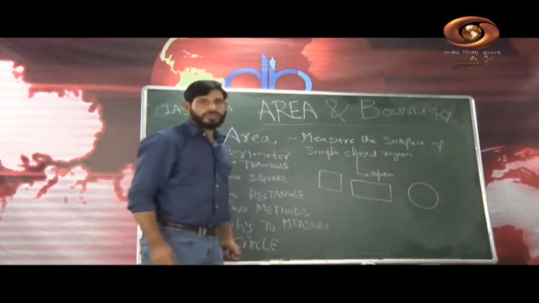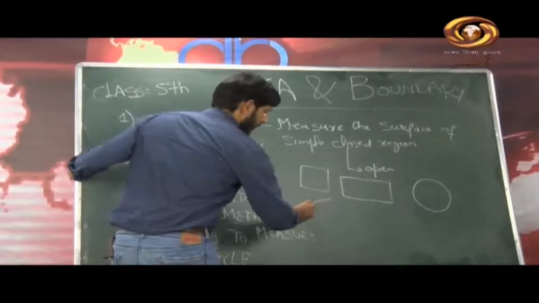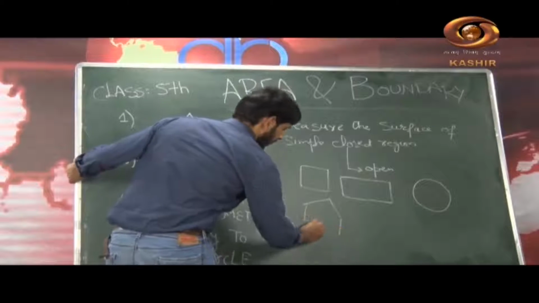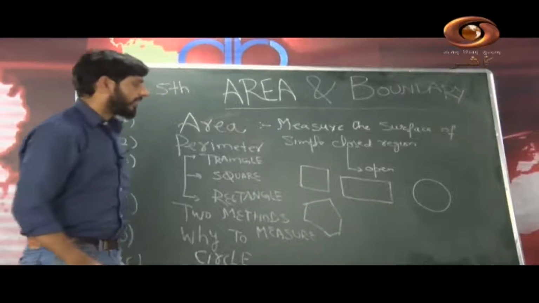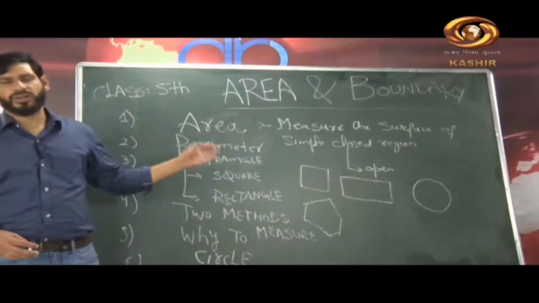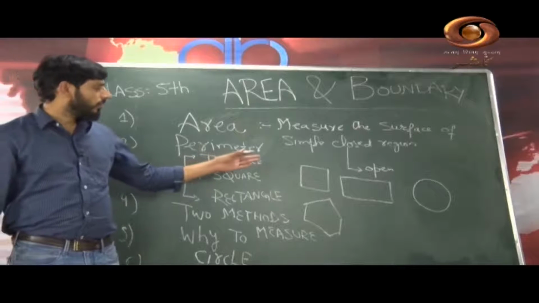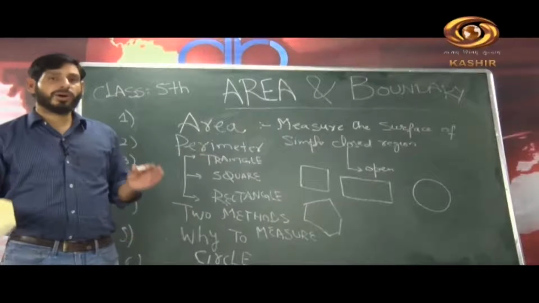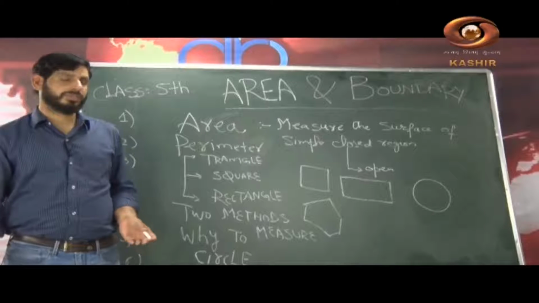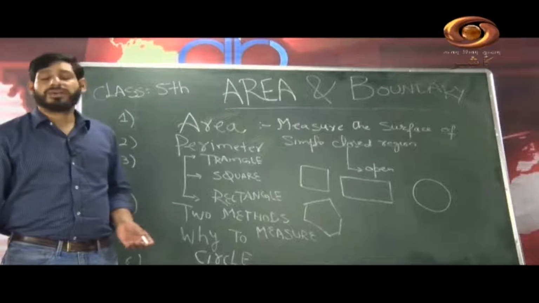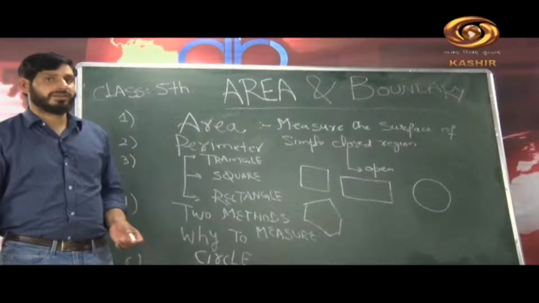This one is a closed figure again. This one is a closed figure again, and the list can go on and on. So I hope you understood what a closed figure means. It is bounded on all its surroundings. It must not be open from anywhere.